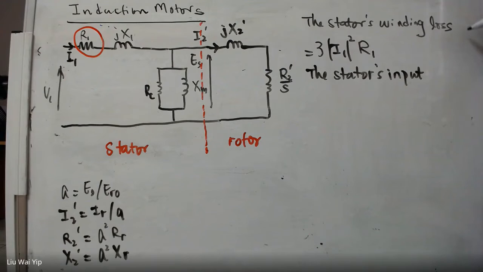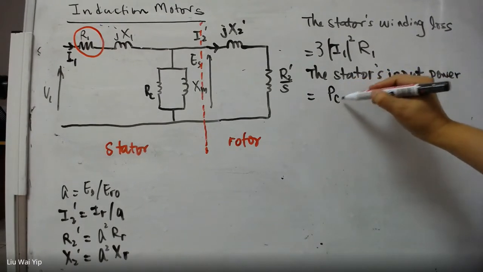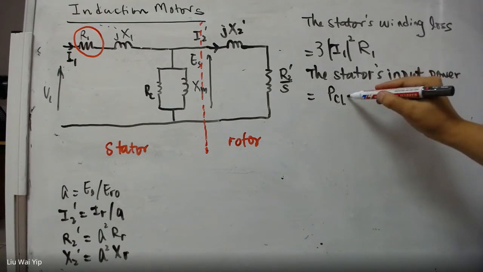And let's say the power input here is going to be P_CL, copper loss, and 1.